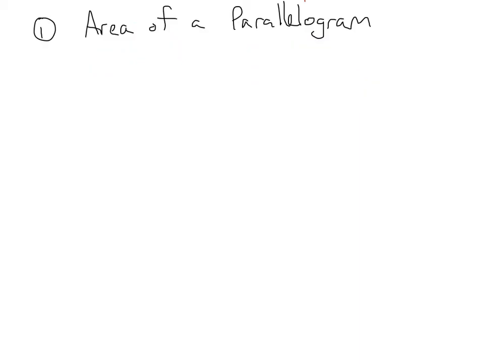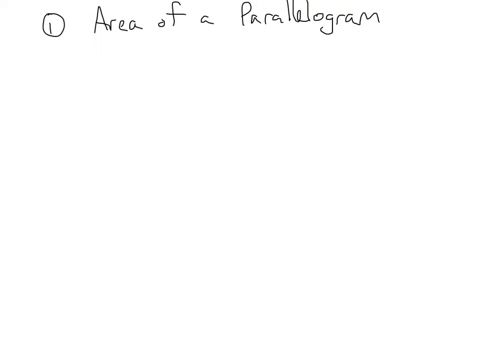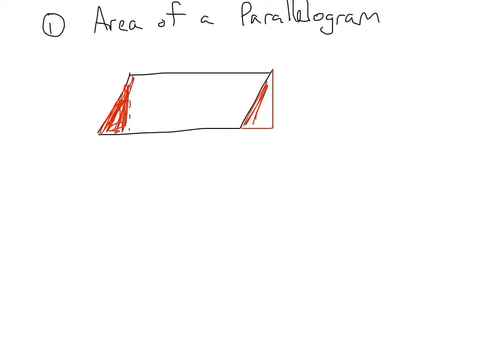So I'm going to draw us a parallelogram here. And here's how I want to illustrate to you why we find the area the way we do. If I took an invisible line and cut that parallelogram right there, and transferred what I'm now going to color in as a red triangle, that red triangle would fit perfectly right there.